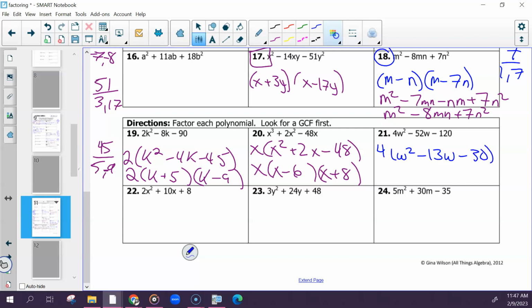Think about your factors of 30. If you need to make one of them negative, which ones would add to be 13? Negative 13.